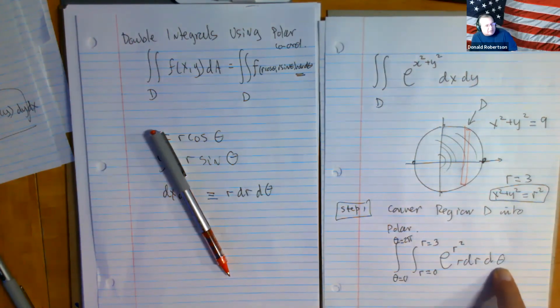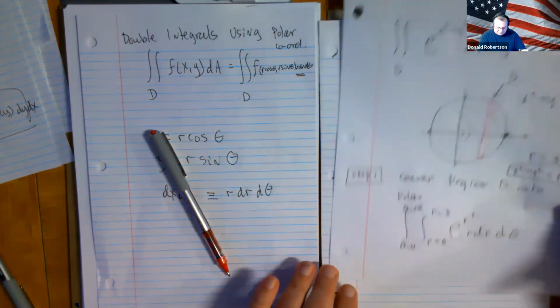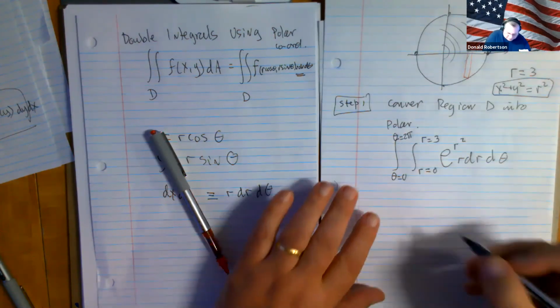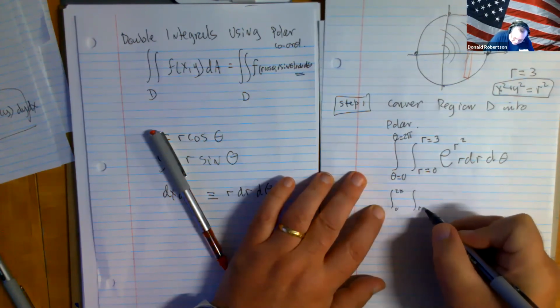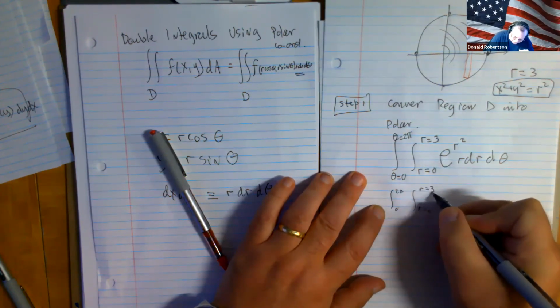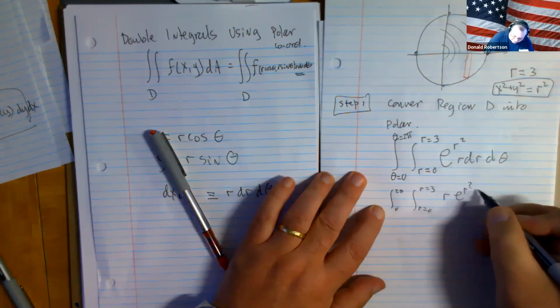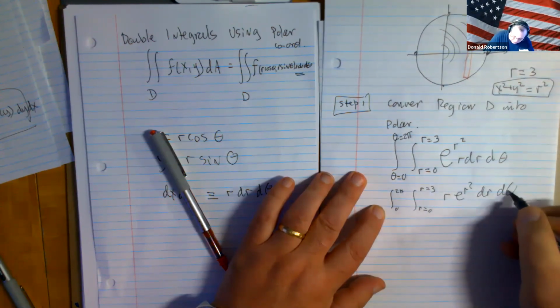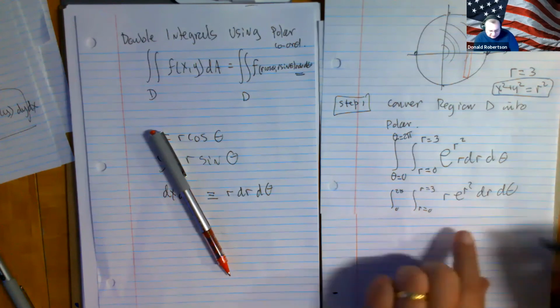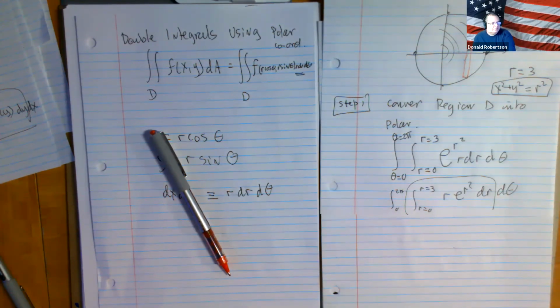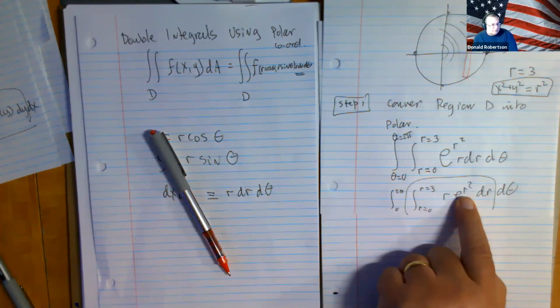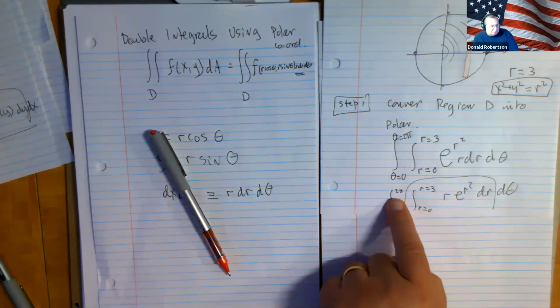R dr d theta. Now, if I rewrite that again a little bit differently, but only a tiny bit different, would you agree that we can do this with a U sub? And then the last bit's easy.